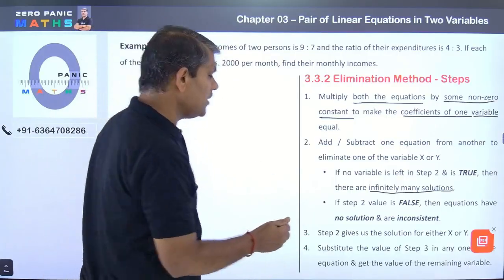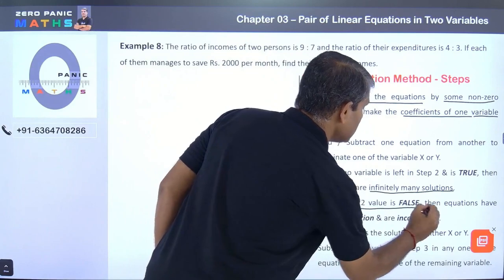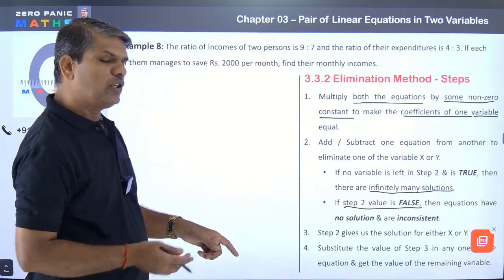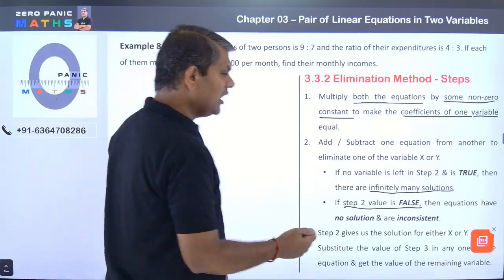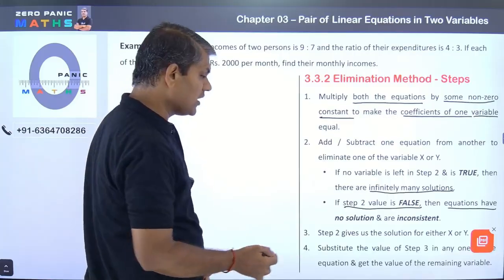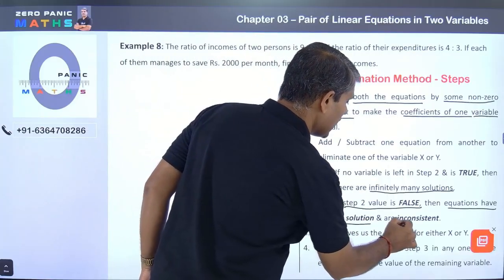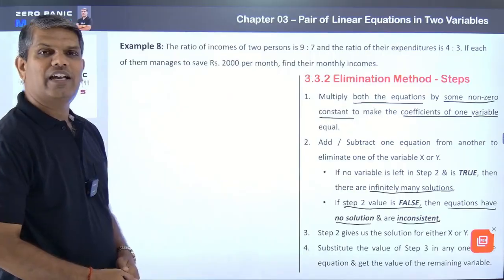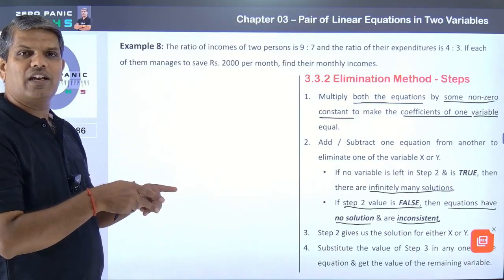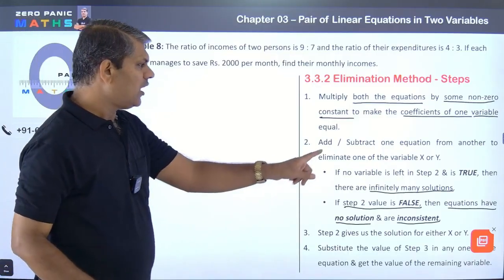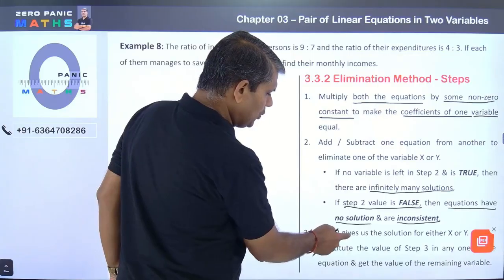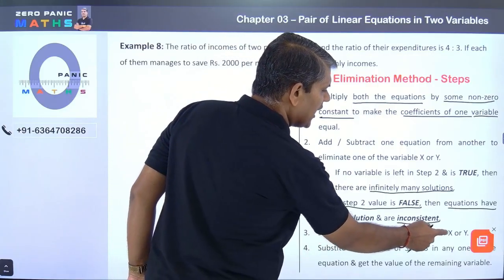Now the second possibility: if both variables get cancelled and the whole equation's value becomes false, you will see some examples like that, then the equations have no solution and are inconsistent. Now you have eliminated one of the variables in the second step. What is the third step? Step 2 gives the solution for either x or y.